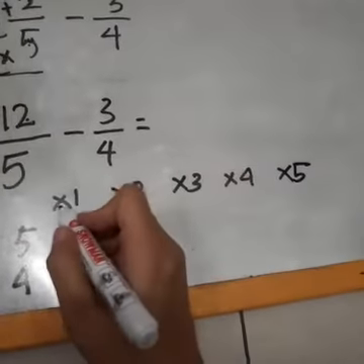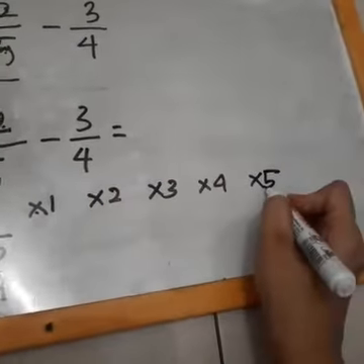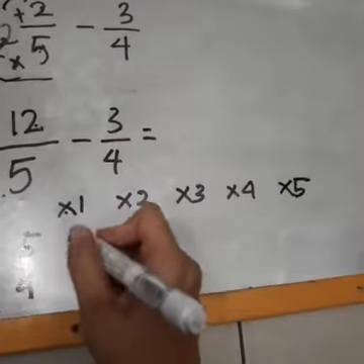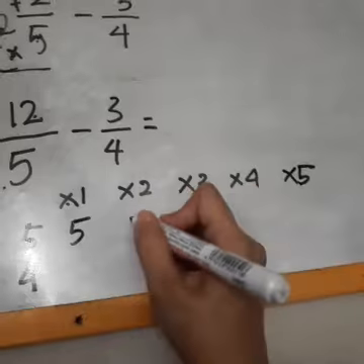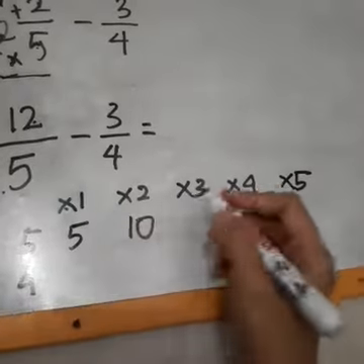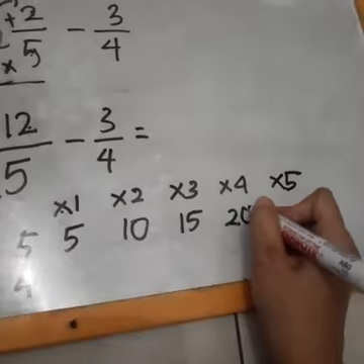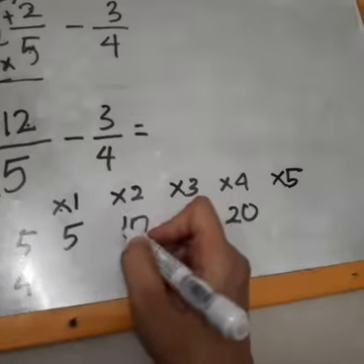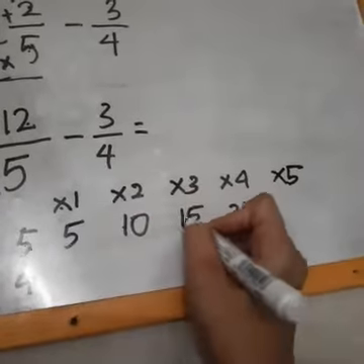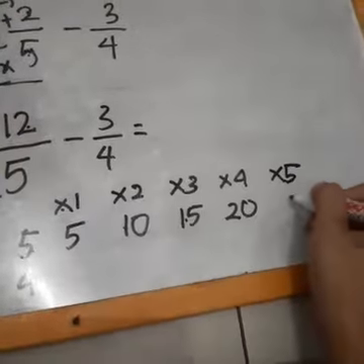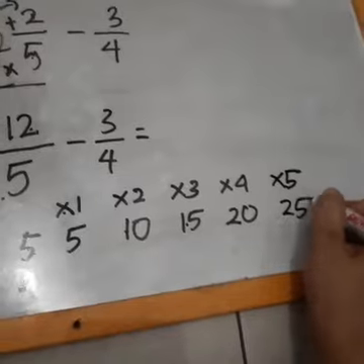We can write the first multiple until the fifth multiple. 5 times 1 is 5. 5 times 2 is 10. 5 times 3 is 15. 5 times 4 is 20. 5 times 5 is 25.